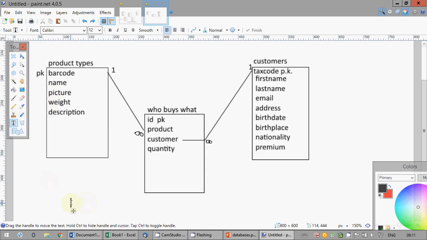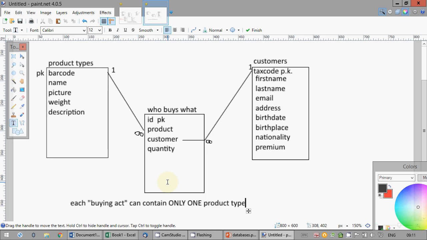So I will call it buying act. A buying act is a record here. Well, for some types of products, it's okay. For example, if you buy a used object on eBay, usually there is only one, so you buy them one at a time.